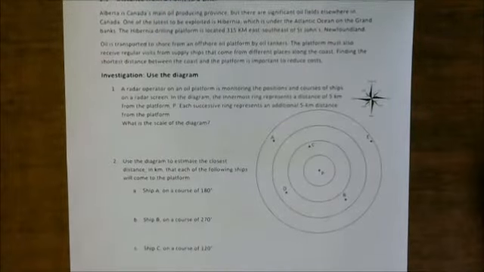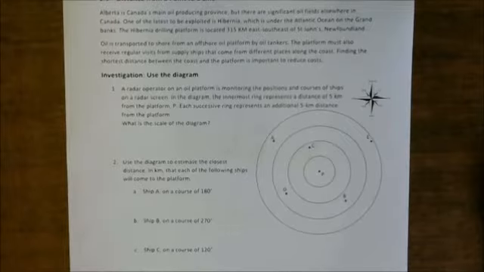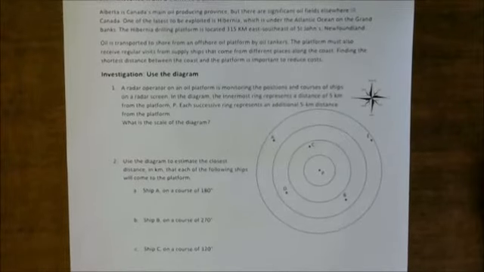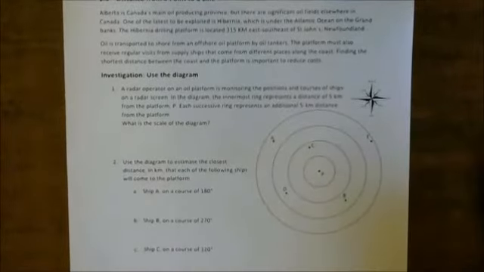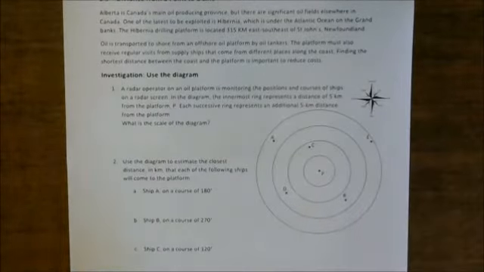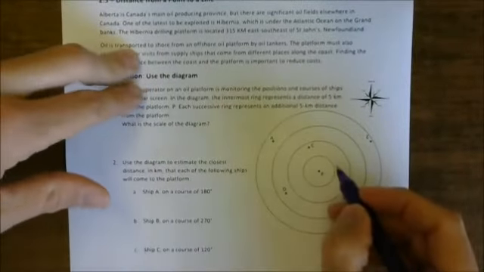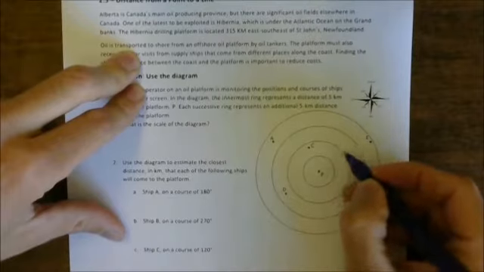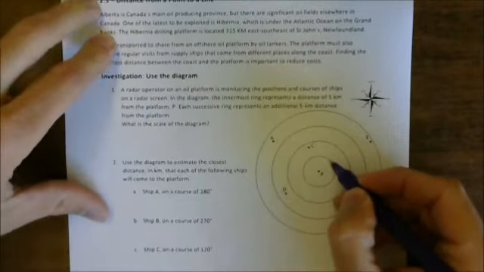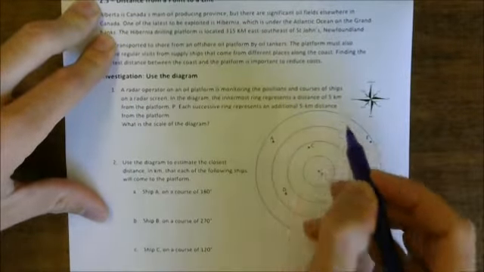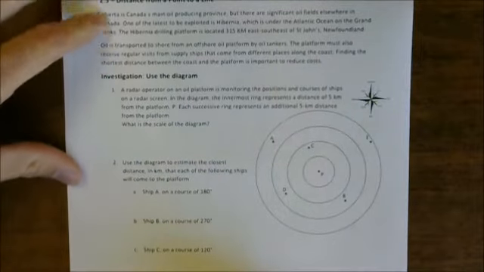In order to determine the scale of the diagram, you'd have to get out a ruler and measure the distance between each ring. And you'll find out that the rings are separated by 1 centimeter. And so if we have a span of 1 centimeter from ring to ring, and we know that each ring represents 5 kilometers, how would we record our scale?